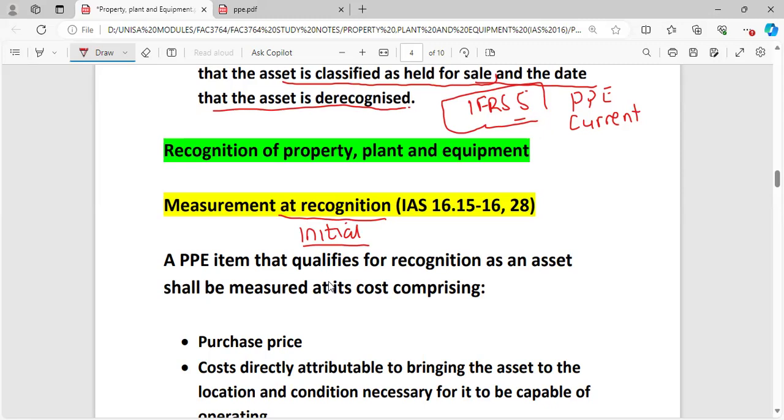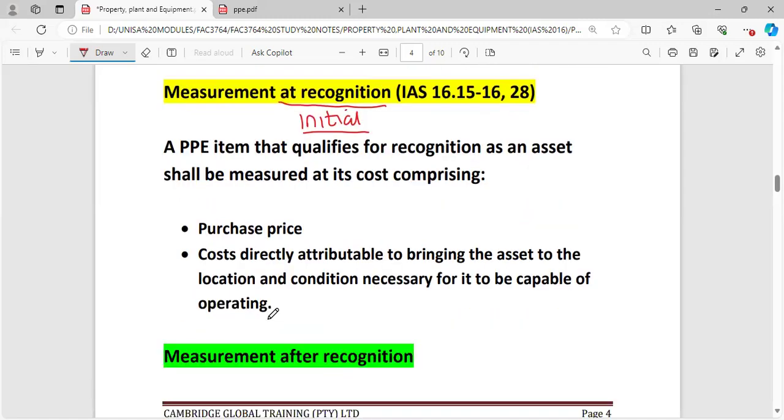So which means they are talking of when you get the asset, how are you going to determine the cost of that particular asset? So that's the measurement at recognition, determining the cost of the asset when you purchase the asset. So which means you look at the purchase price, then any cost directly attributable to bring the asset to the location and the condition necessary for it to be capable of operating.